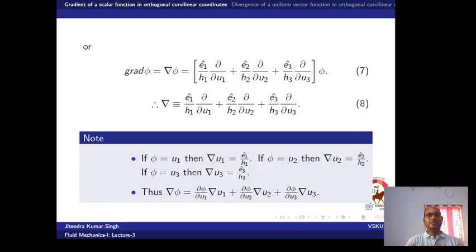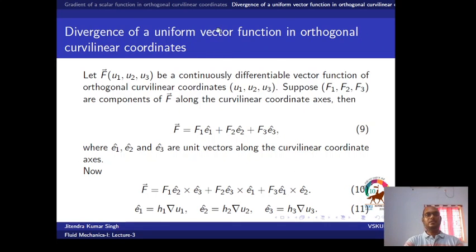So now we shall discuss the divergence of a uniform vector function in orthogonal curvilinear coordinates. Suppose f is a continuously differentiable vector function of the orthogonal curvilinear coordinates u1, u2, u3, and suppose the components of this vector f are f1, f2 and f3 along the coordinate axes, along which the unit vectors are e1, e2 and e3.